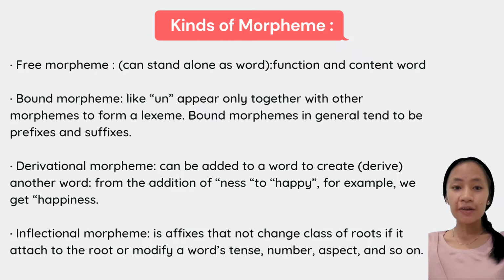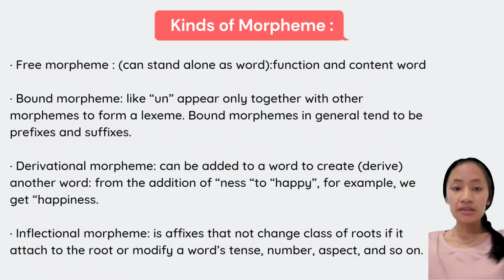Now I'll explain about the kinds of morpheme. The first is free morpheme. A free morpheme can stand alone as a word, function, or content word. The second is bound morpheme, which appears only together with other morphemes to form a lexeme. Bound morphemes generally take the form of prefix and suffix.